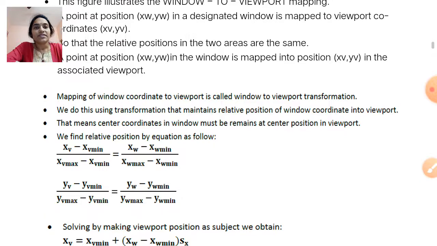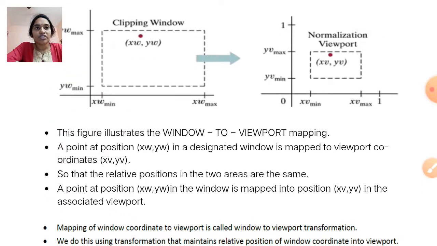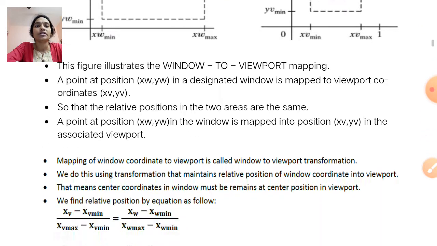Here, the point xv, yv and xw, yw are the same point, so the position is also the same, but this is your world coordinate to view coordinate mapping.